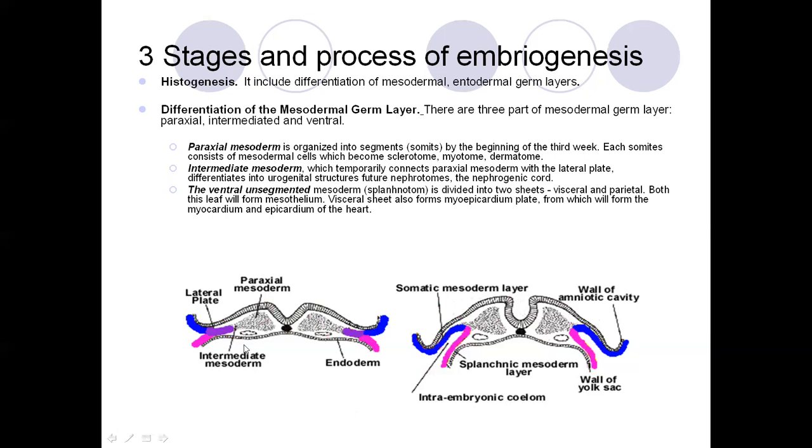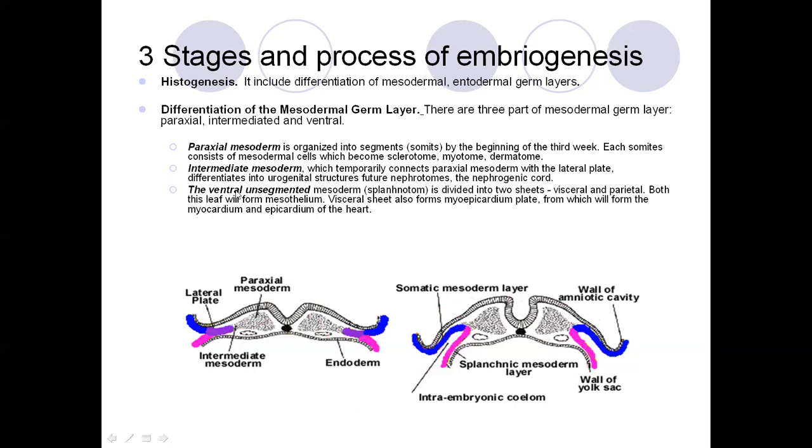So this part, intermediate mesoderm, will develop two nephrotomes, or nephrogenic cord. This part produces kidney. We have several types of kidney: embryonic kidney and definitive kidney. All these kidneys will form from nephrotomes in the intermediate part of mesoderm.